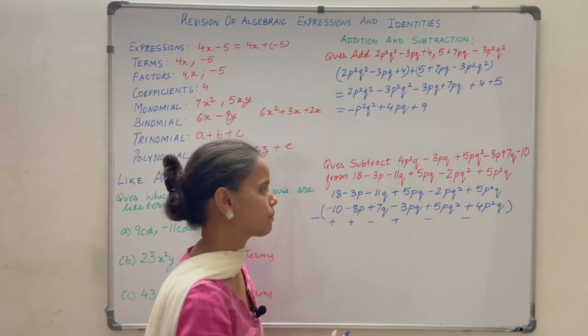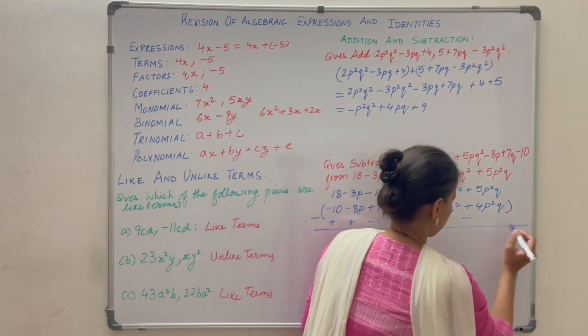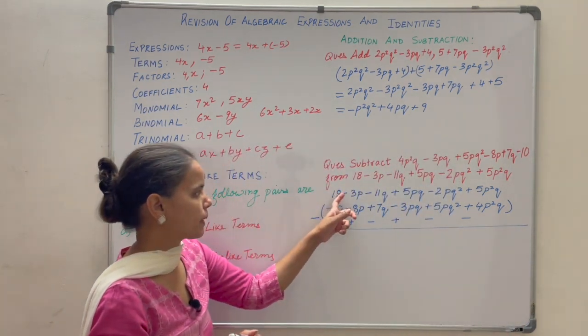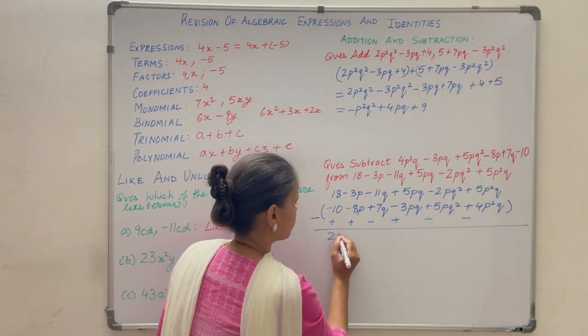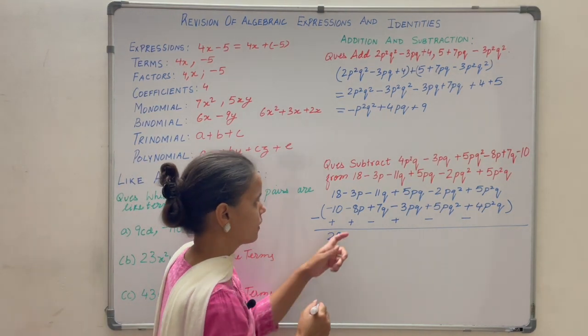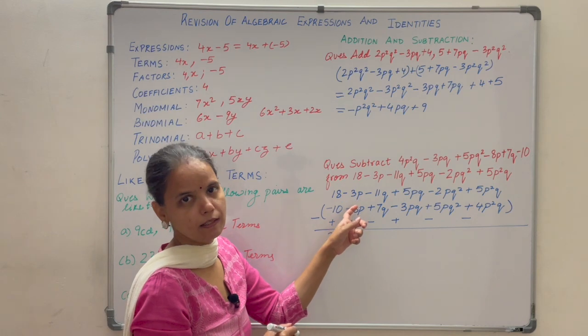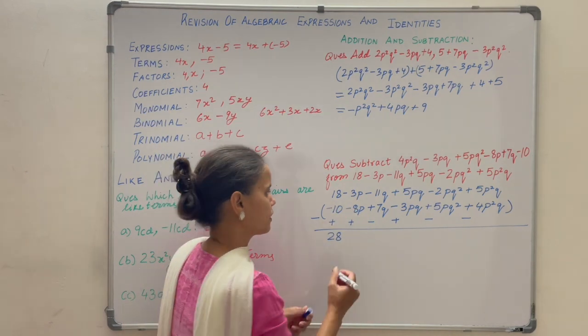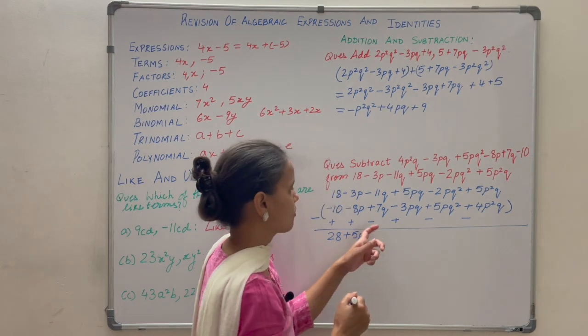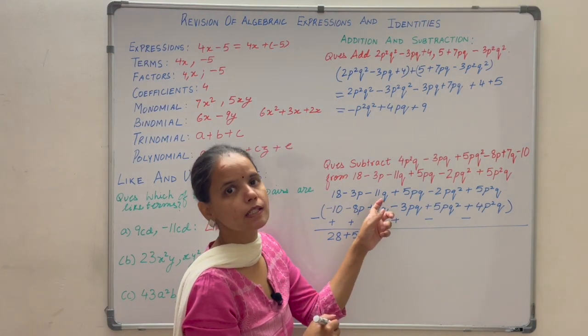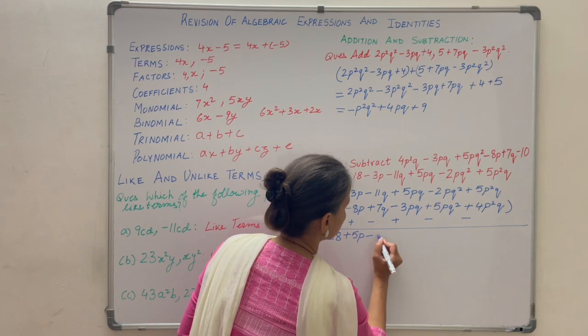Now let us do the subtraction. So plus 18 plus 10 is 28. Plus 8 minus 3 is plus 5. So this is plus 5p. Minus 7 minus 11 is minus 18q.